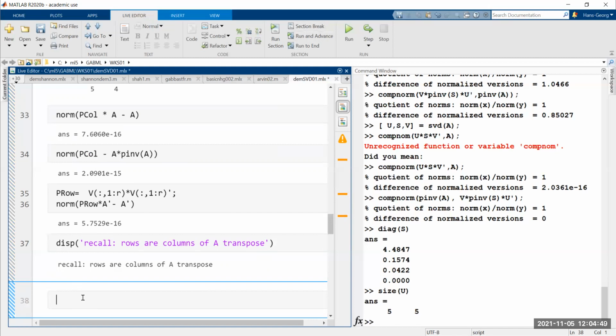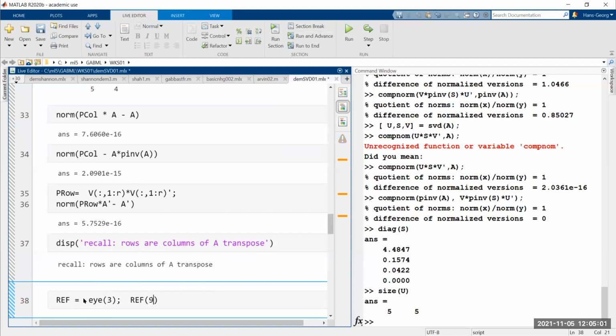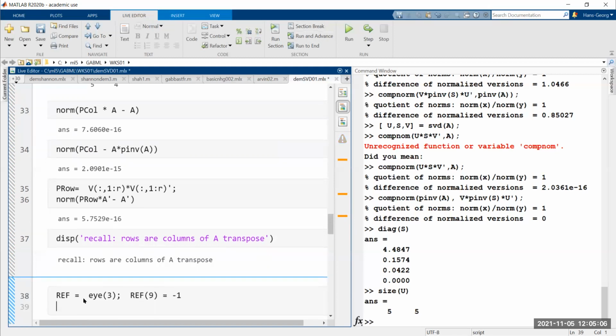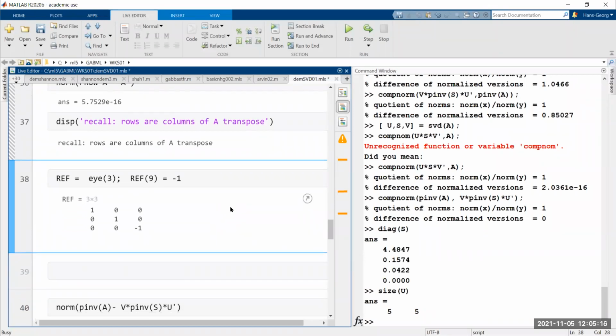So if I say the reflection is I of 3, very simple, but a reflection, position (3,3) is -1. Then, of course, running it would show you this is simply the reflection operator. The unit vectors in the X and Y direction are left invariant. The unit vector E3 is going to minus E3.